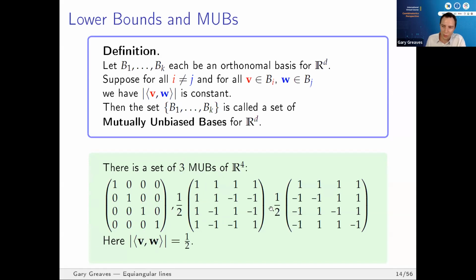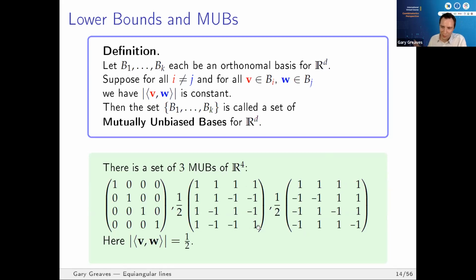Here's another orthonormal basis. This time I have a bunch of plus or minus 1s, and I have to normalize by 1/2 to make sure they're all unit vectors. You can check that if you take the inner product between any two vectors in this basis, you'll get 0. Similarly over here, take the inner product between any two vectors, you'll get 0. So these are 3 orthonormal bases.